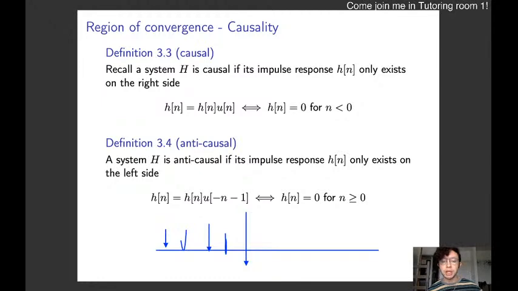This would be equivalent to saying that if we multiply it by a flipped and shifted step function, like this, it wouldn't have a value at 0, so it would be 0 at the origin, but it would be 1 for everything less than that. So that's our shifted unit step. If we multiply our original signal by that, we would get the same signal. That's what we call an anti-causal signal.